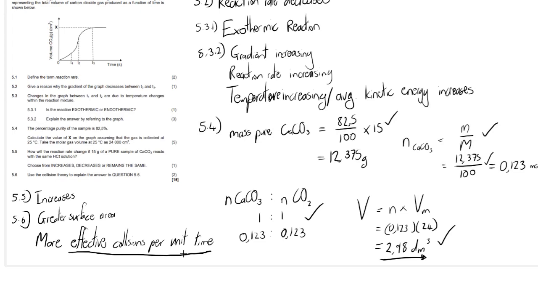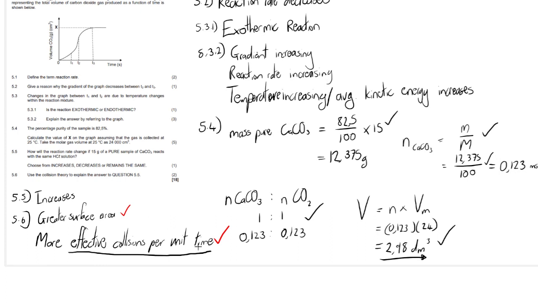Your final saying is always more effective collisions per unit time, or if something causes it to decrease, it's less effective collisions per unit time. So just take note of that. If they ask you to explain something that affects the reaction rate using collision theory, this will be your final line, more or less, depending on what the question is.